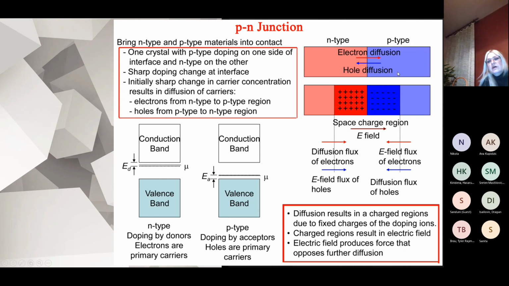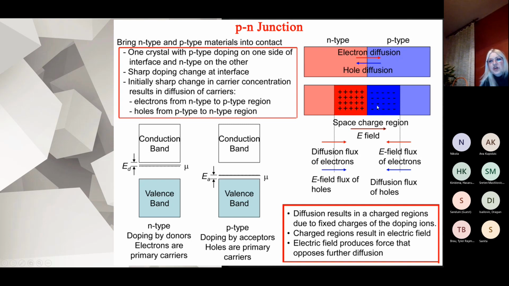And when the holes move from the P-type region to the N-type region, they will leave the negative ion cores. So this part is completely full of positive ion cores, and this part here is completely full of negative ion cores.